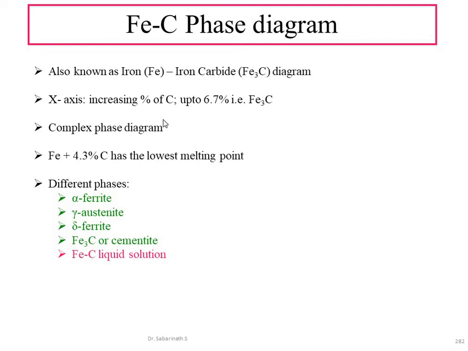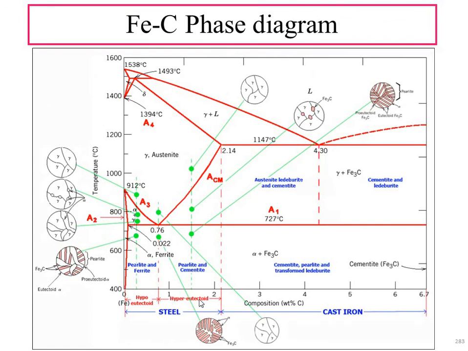Here you can see that the x-axis is in increasing order of carbon composition, but it is not 100%. It goes on increasing and stops at 6.7% of carbon. At 6.7% carbon, this alloy is known as cementite, Fe3C.